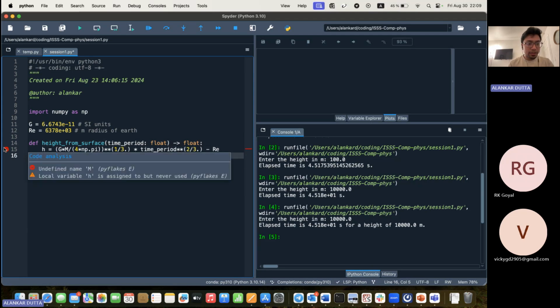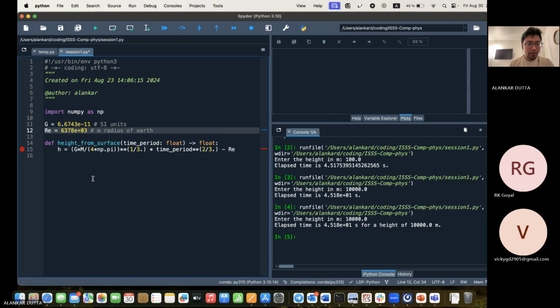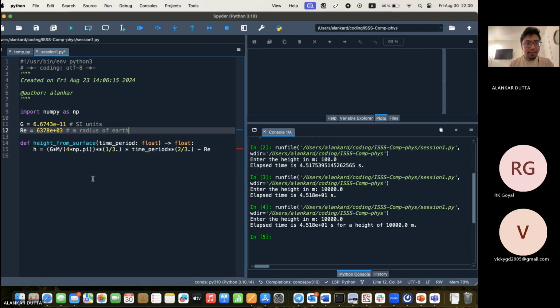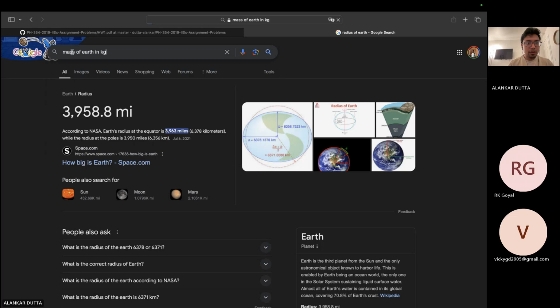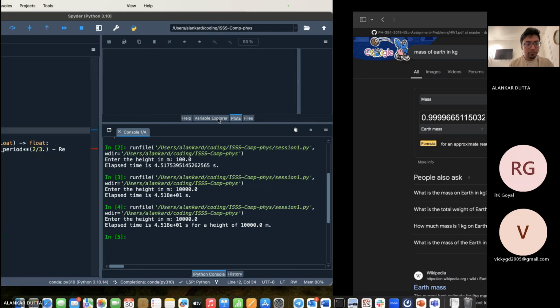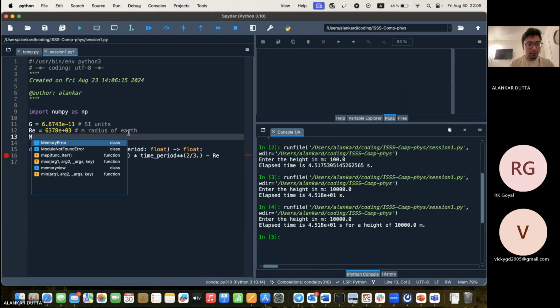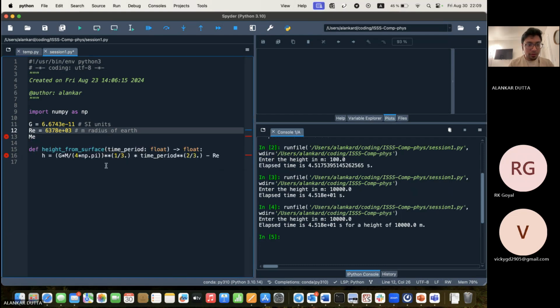And there's some error in here. So yes. Oh, I missed the mass of Earth. Okay. So the other thing, the mass of Earth in kg. Let's call this ME just to be unambiguous.